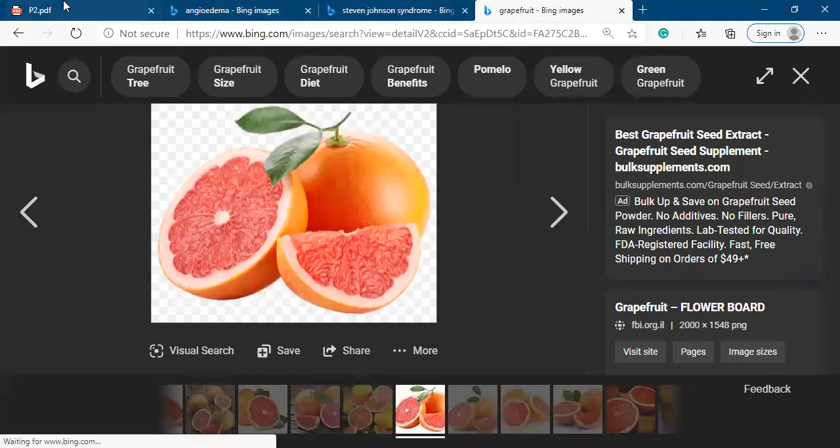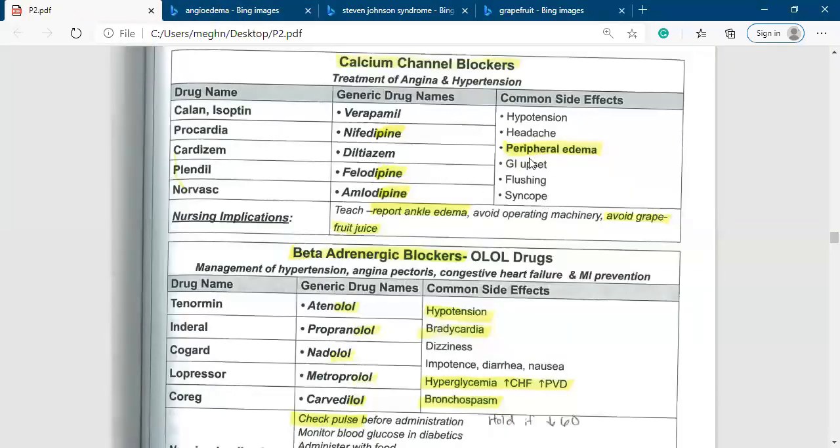Okay. So if I go back here, what about the beta adrenergic blocker? We have to hold it if the heart rate is less than 60 as well, like the calcium channel blocker. Now we are talking about contraindication of beta blocker. If the patient has asthma, we never give them a beta blocker.